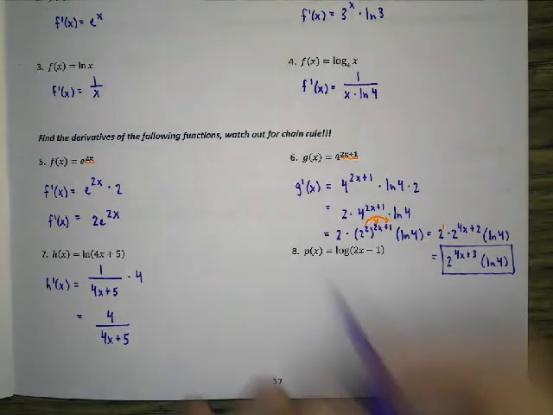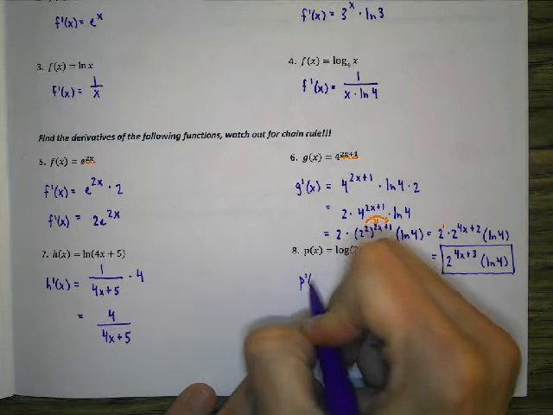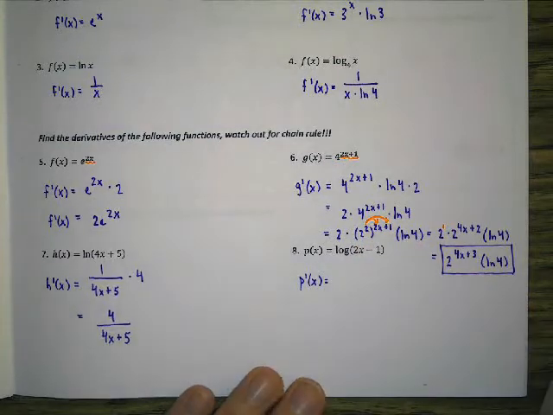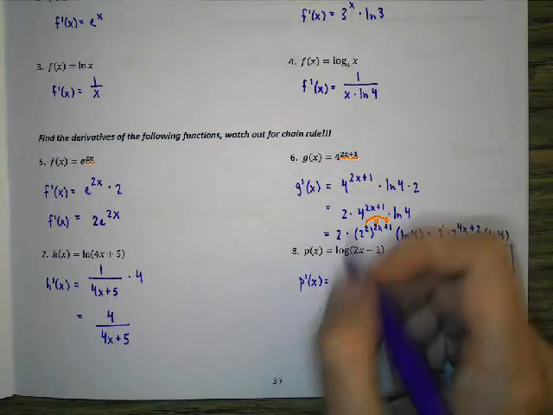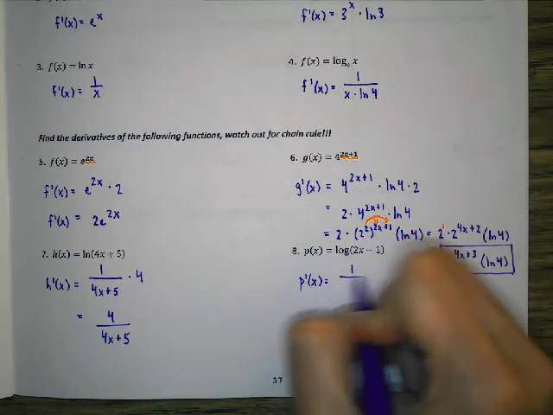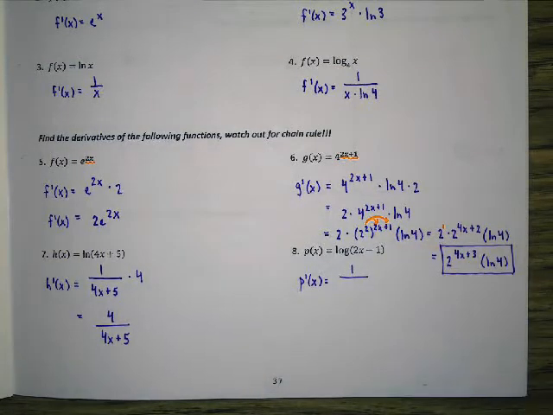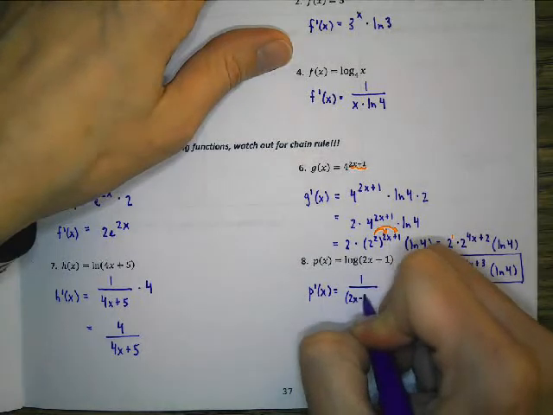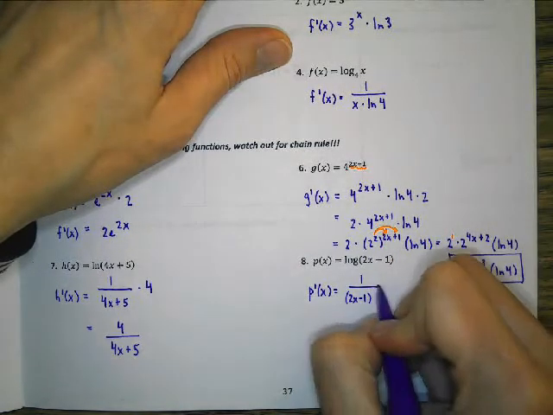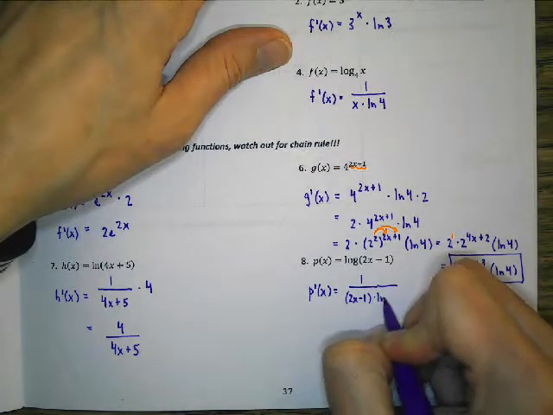Last one for this page, we're going to find p prime of x, and we have our logarithmic function. So we are going to have 1 over our u, which is 2x minus 1, times the natural log of our base.